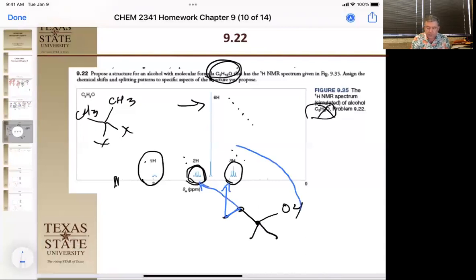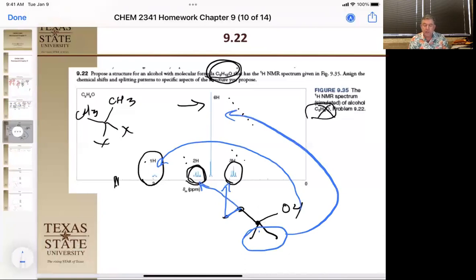This H is going to be that one right there. And then look, these can be this one right here. There's no hydrogen splitting it. We have 6 protons with no hydrogens. So I think that our answer is H and then nothing.